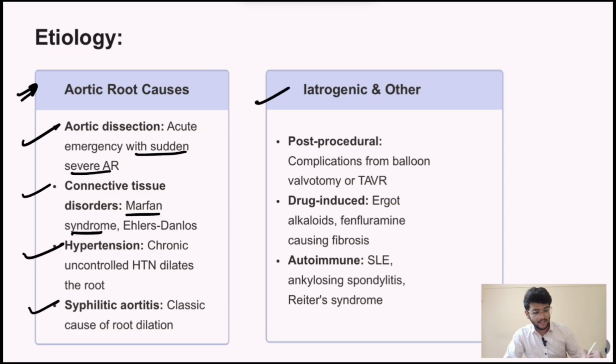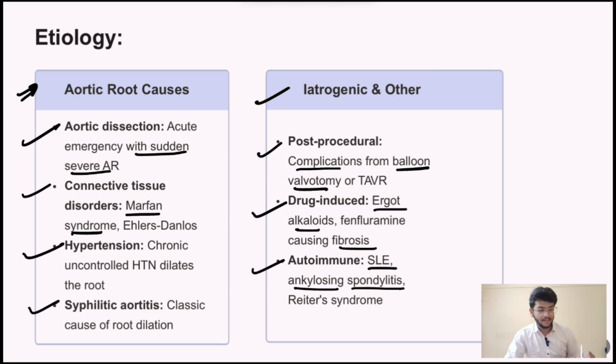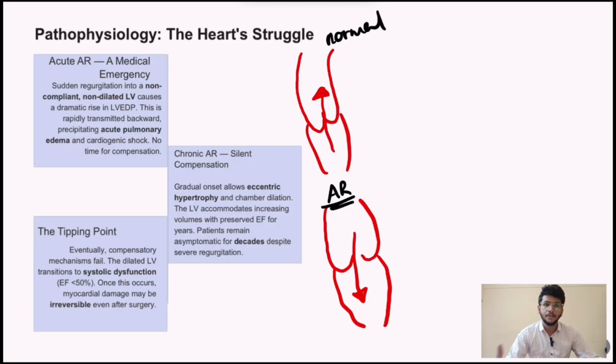Iatrogenic and other causes include post-procedure complications from balloon valvotomy or TAVR, that is transcatheter aortic valve replacement. Drug-induced causes like ergot alkaloids may cause fibrosis of the valve. Autoimmune diseases like SLE, ankylosing spondylitis, Reiter's syndrome, etc. are also causes of aortic regurgitation.